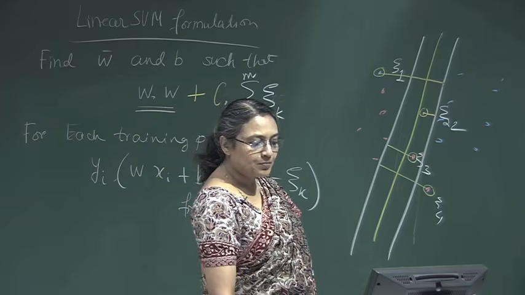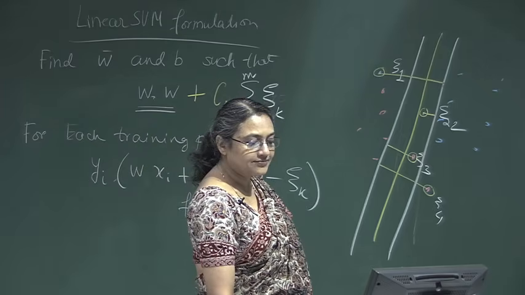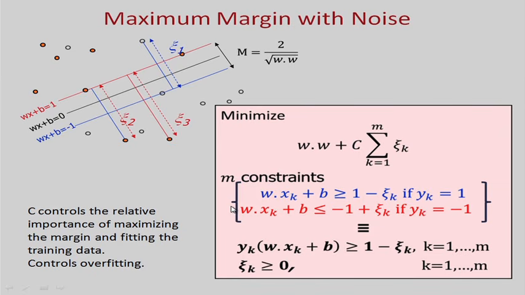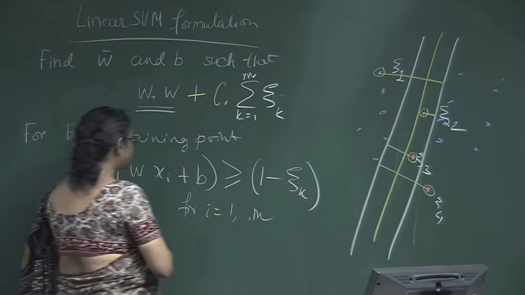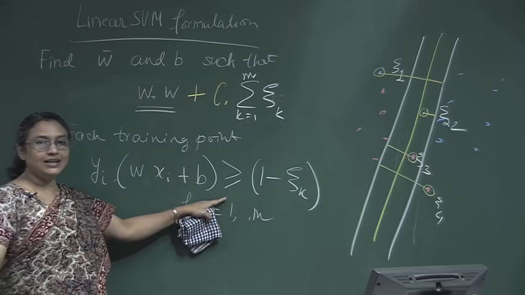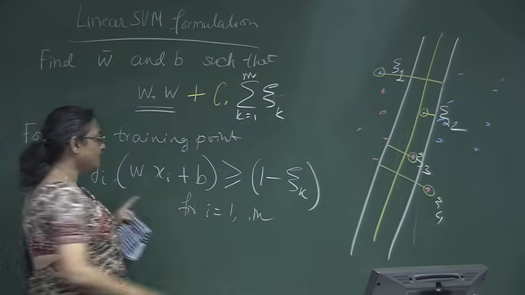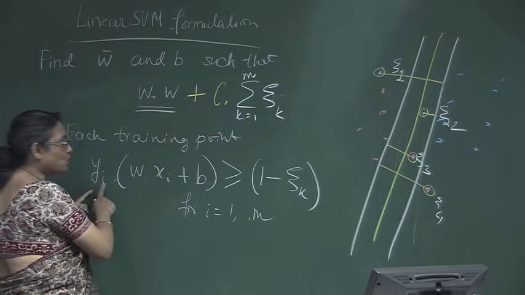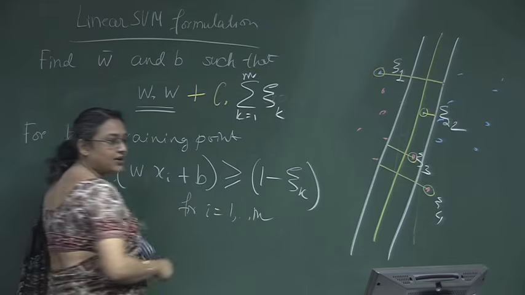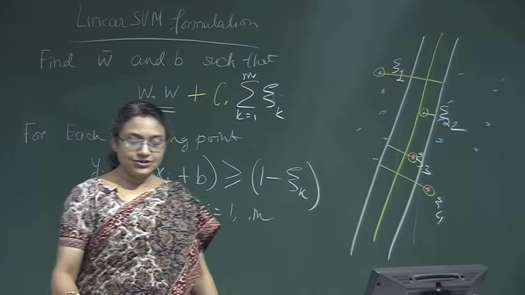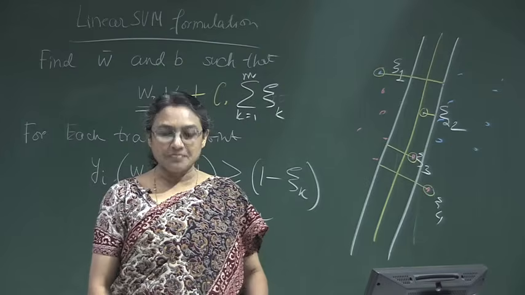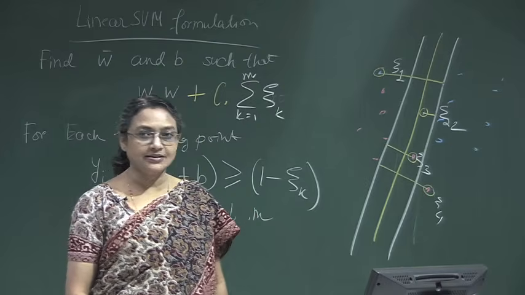Actually, for the blue points which are wrongly classified, we can write w dot x i plus b greater than or equal to 1 minus xi i, and for the red points we can write w x i plus b less than or equal to minus 1 plus xi i, and we can write it together as y i into w x i plus b greater than or equal to 1 minus xi i for i equal to 1 to m. So, this is the formulation of the maximum margin classifier when we wish to handle noise.